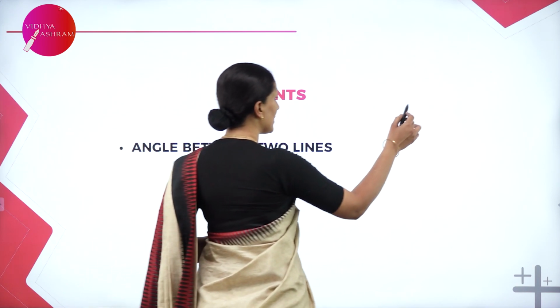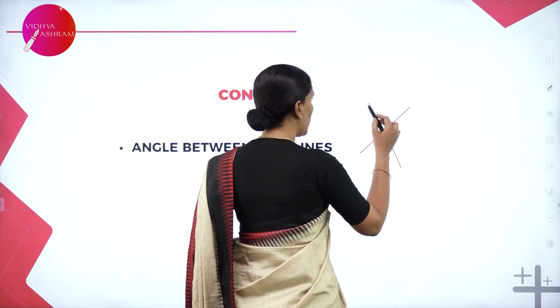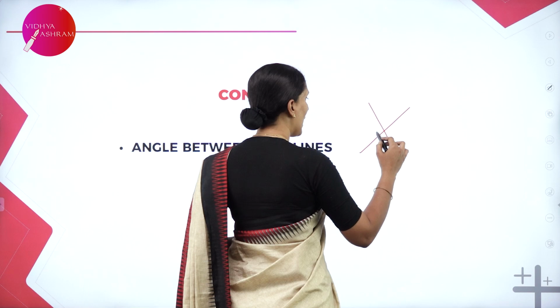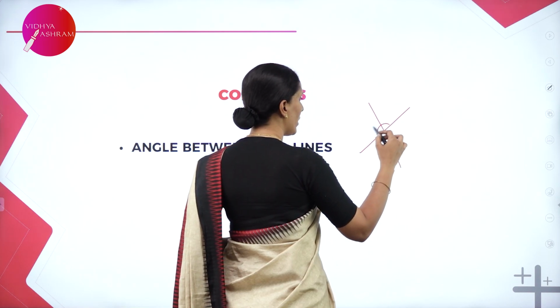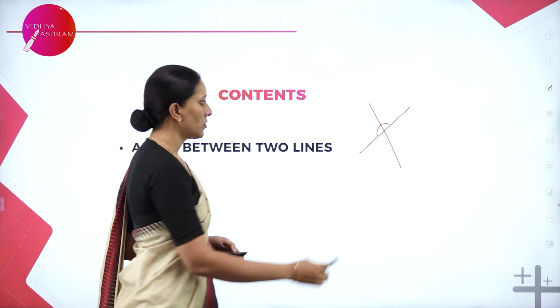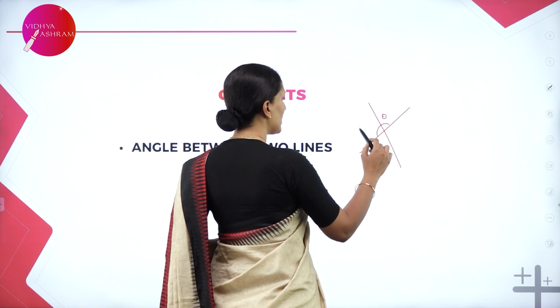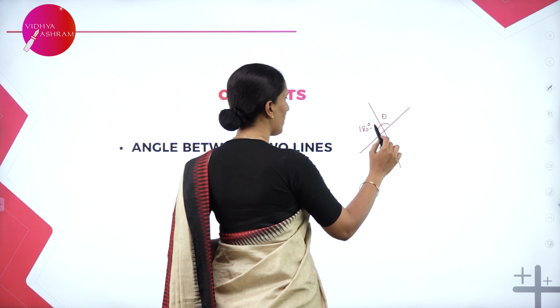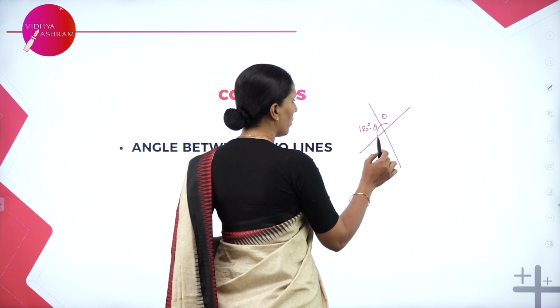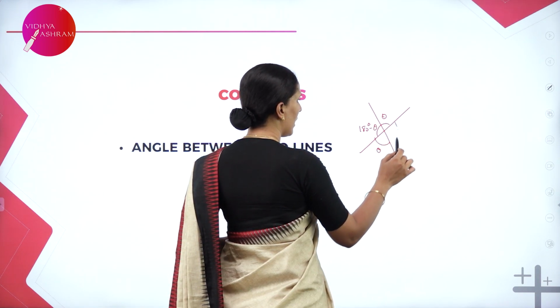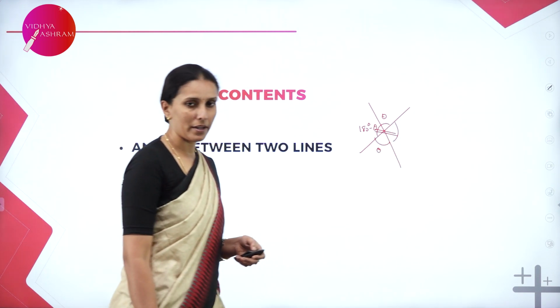When any lines intersect, one line will act as a ray to the other line, so it creates a supplementary angle. So if this is theta, then obviously the other one will be 180 minus theta. Same way, here this becomes theta and this is equal to 180 minus theta.